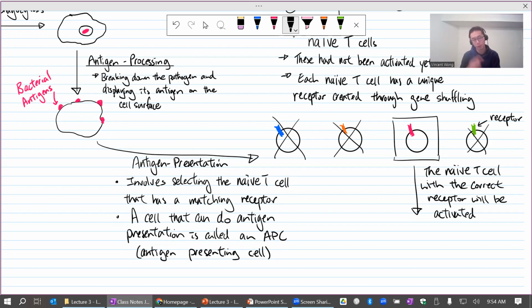So we only have one example: the macrophage. Macrophage is an APC because it's able to present the antigens to the naive T cell. Any questions before I move on?